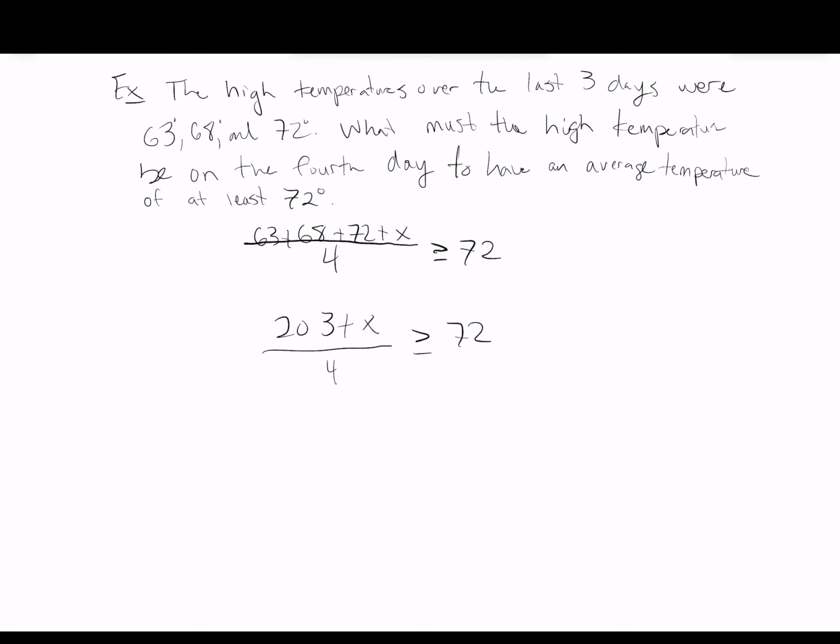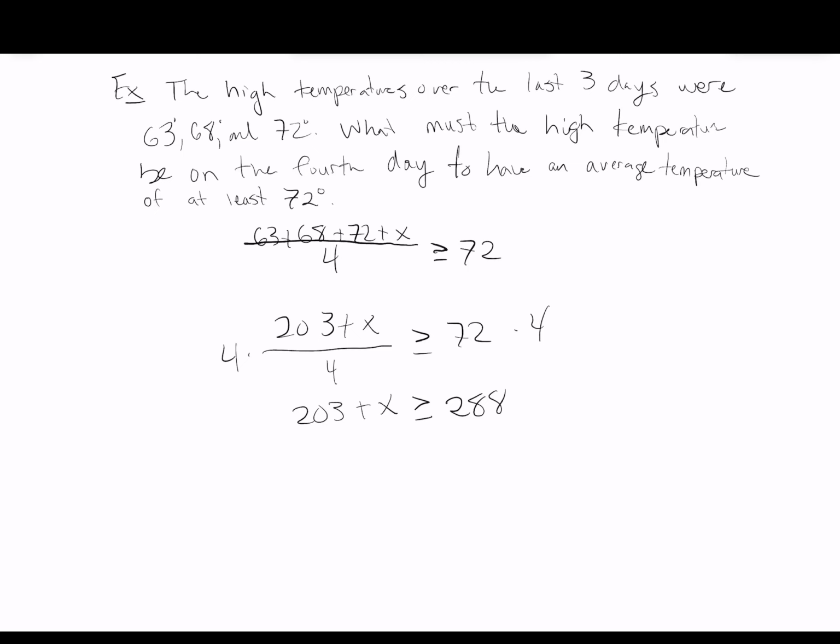We can multiply both sides by 4 to get 288, and then that leaves us 203 plus x.